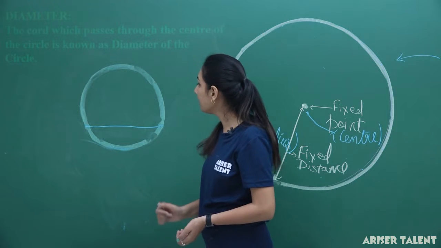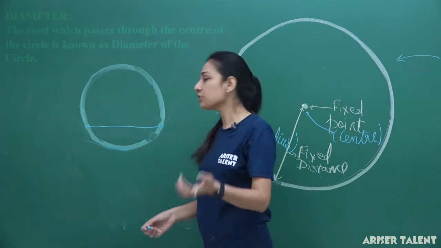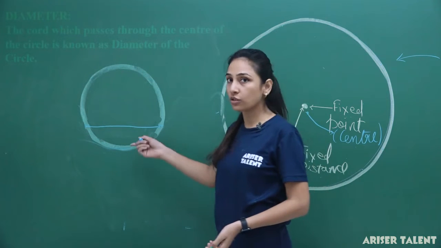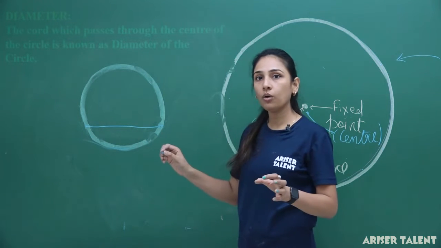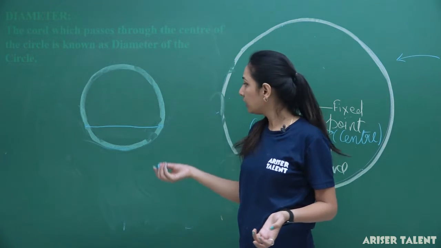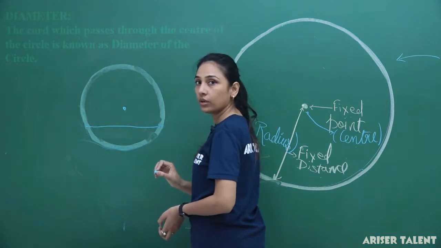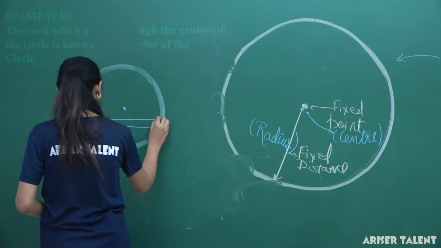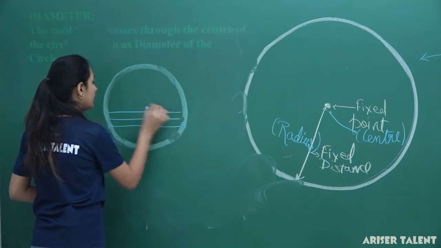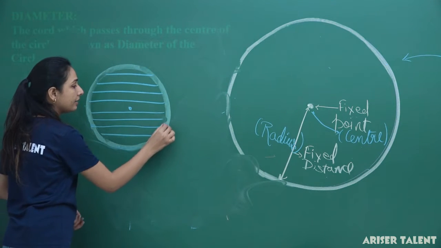Now we have diameter. Now what is diameter? Diameter is just an extension of this chord. This was a chord, so I may draw any number of chords here. This is one chord. Let's suppose this is your center. So this is one chord, then the second one, then the third one, the fourth, fifth, sixth, seventh, here the eighth.